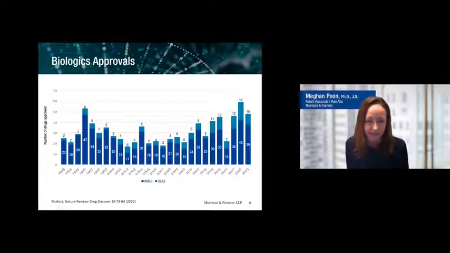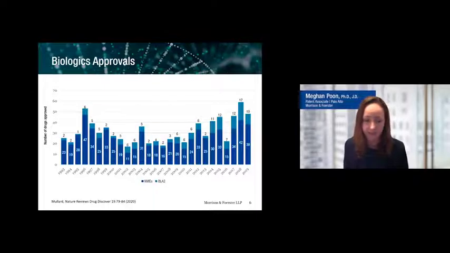This graph is meant to show the rise of biologics over time. In dark blue are new molecular entities, which are small molecules. And in that light blue, teal color are biologics approvals. These are the number of approvals of a product each year by the FDA.